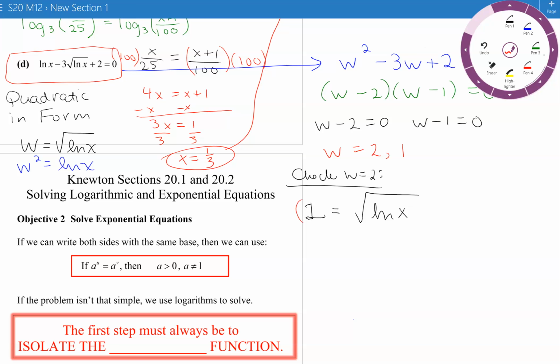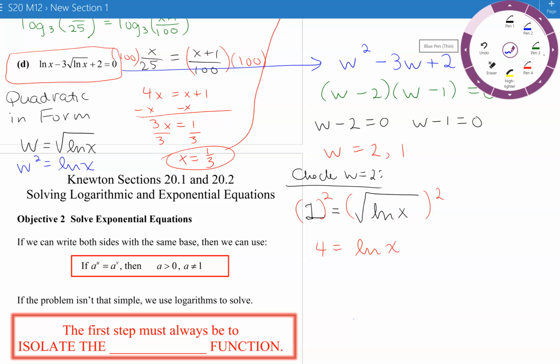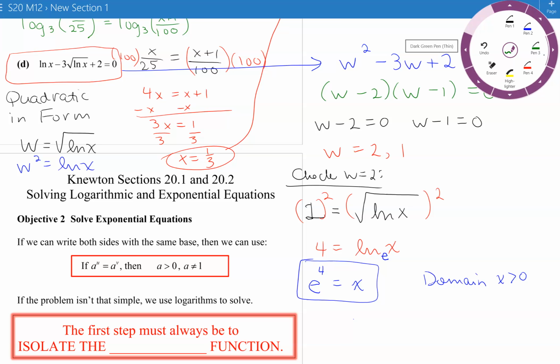So squaring both sides, I'm going to get 4 equals ln of x. And then remember there's a little base e here that we're not seeing. So to solve for x, we're going to get x equals e to the fourth. So then we can see that our domain is just positive values of x. And e to the fourth is always positive. So here is one of our solutions.